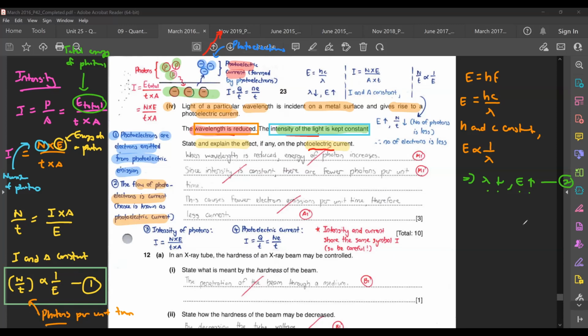So if your photons per unit time is inversely proportional to your photon energy, from 1, if your photon energy now increases, the number of photons per unit time decreases. So this actually tells you one thing.